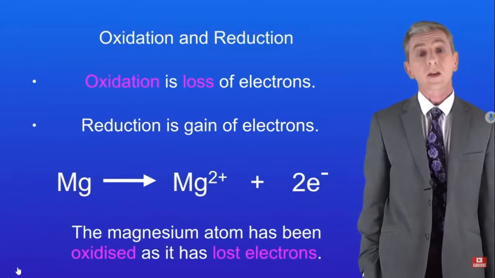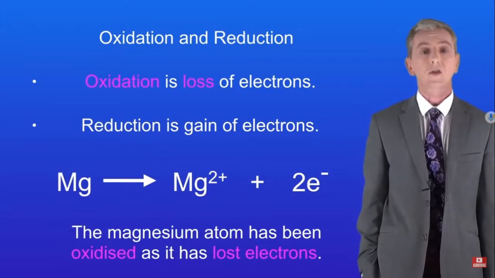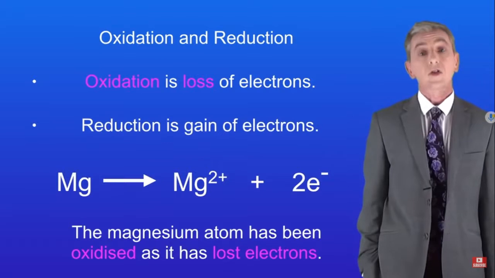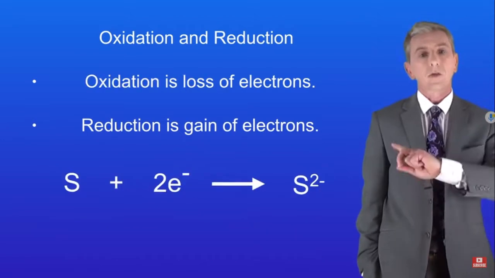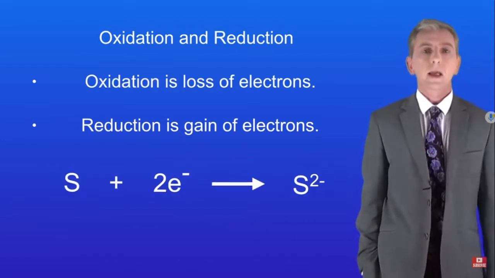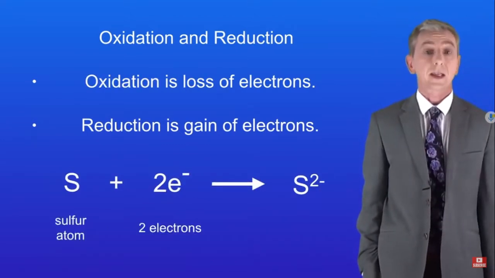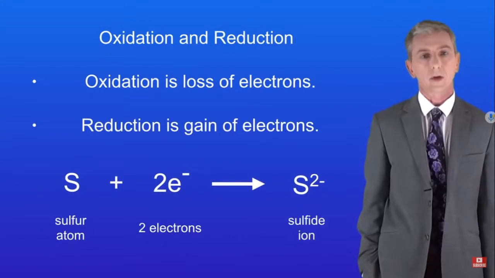In this case, we can see that the magnesium atom has been oxidized as it's lost electrons. Scientists call equations such as this one a half equation, and we're going to be seeing these again in later videos. Here's another example. Here, a sulfur atom has gained 2 electrons and formed the sulfide ion.